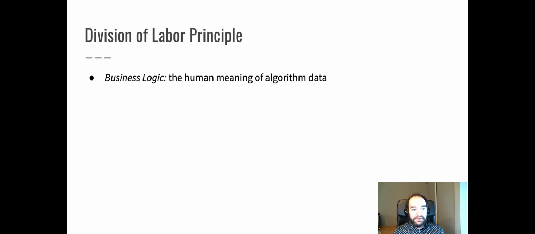Let's define the term business logic in case you haven't heard that. The term business logic means the human meaning of algorithms and data. The data in your program ultimately is composed of data types like strings and booleans and ints. The reason it's important to people is because it represents some kind of concept in the domain that you're modeling. It doesn't have to be a for-profit business, it could be a nonprofit too, but we just use the term business logic for that.